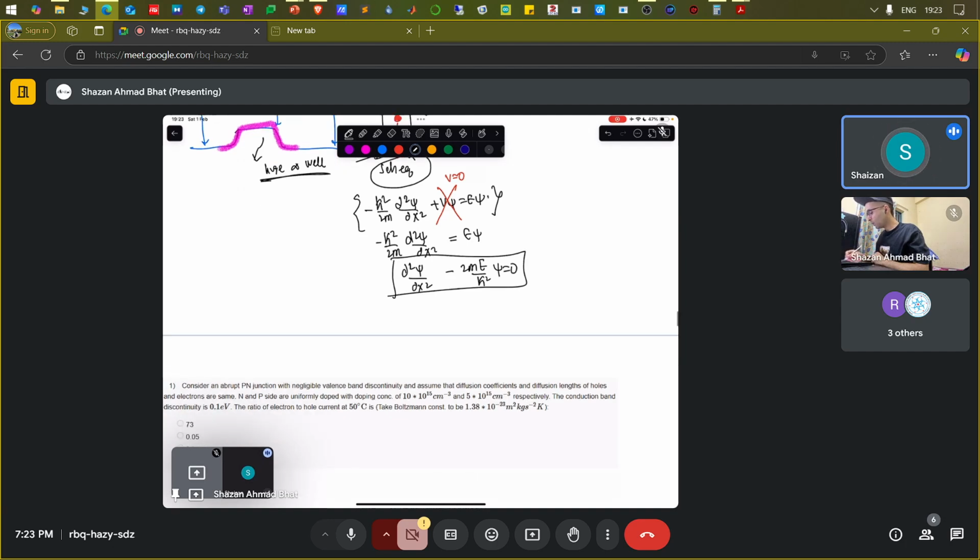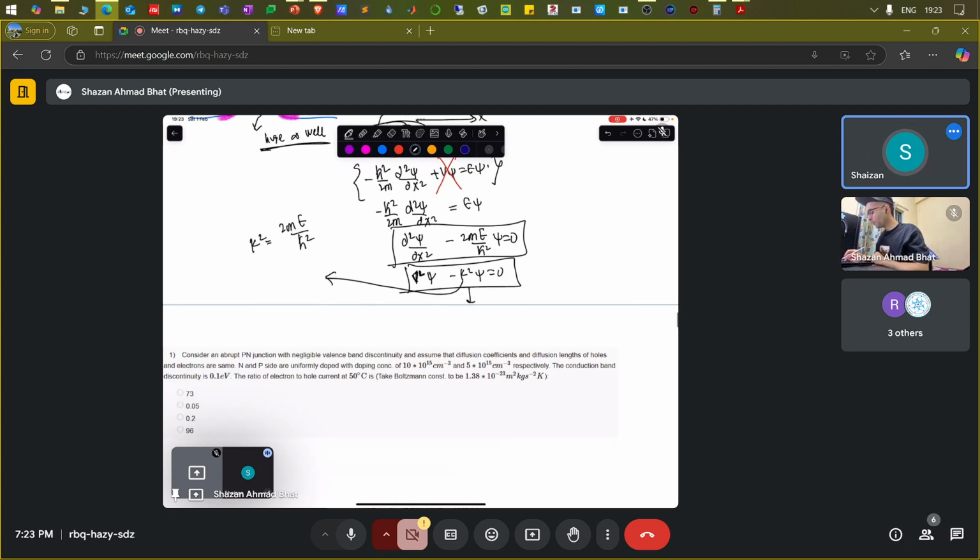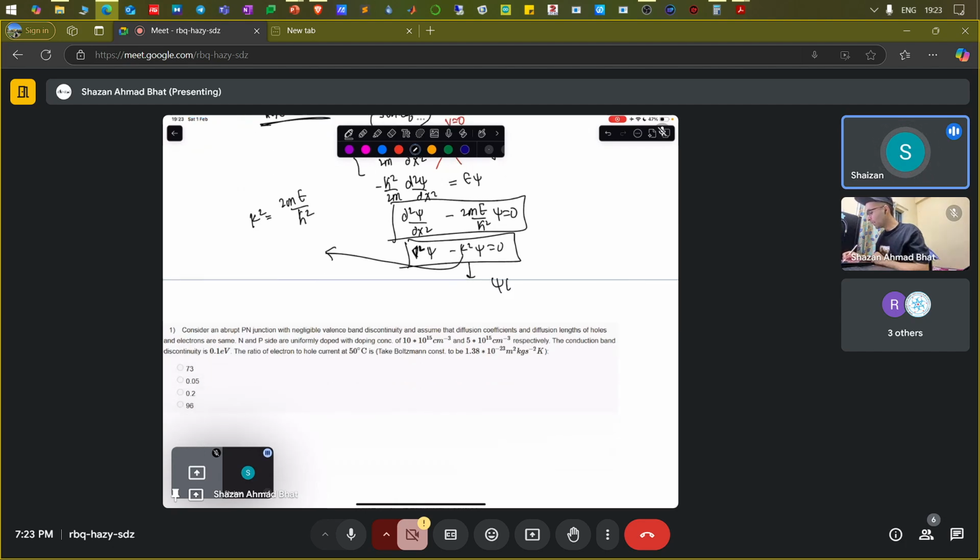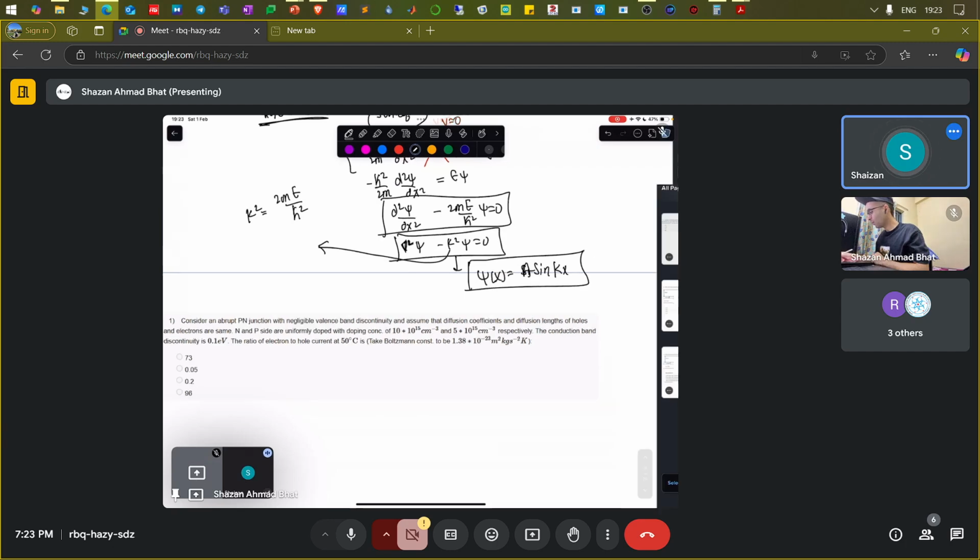This is the differential equation you solve, which is dou square psi plus k square psi equals 0, where k square is equivalent to twice mE divided by h bar square. So this is a simple differential equation. You can solve it and you get the psi solution as some A sine of kx. This is the solution of this differential equation.